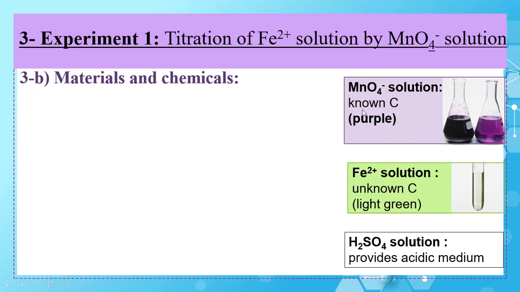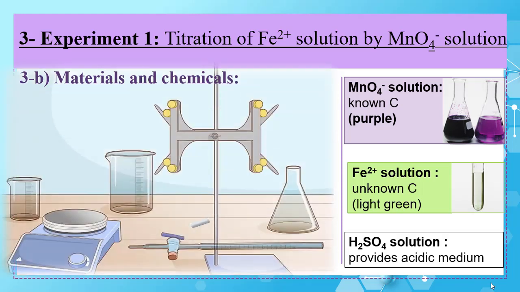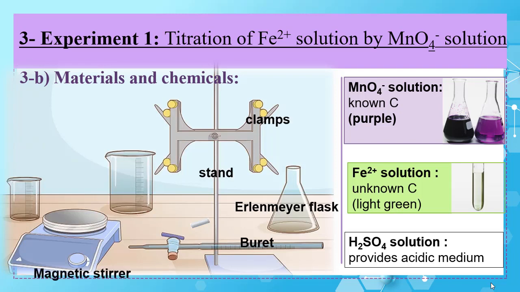Here it's given that MnO4- has known concentration and Fe2+ solution has unknown concentration. The materials used in the titration are Erlenmeyer flask, burette, stand with the clamps, magnetic stirrer, magnet bar, and 2 beakers.